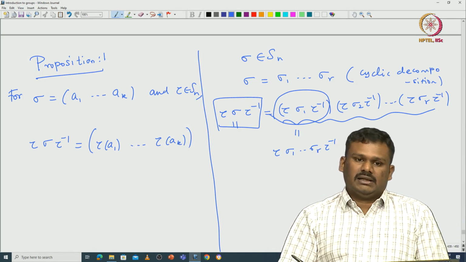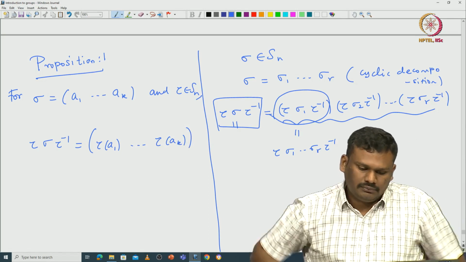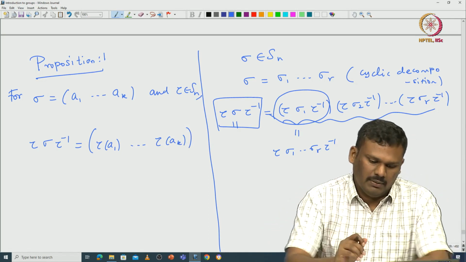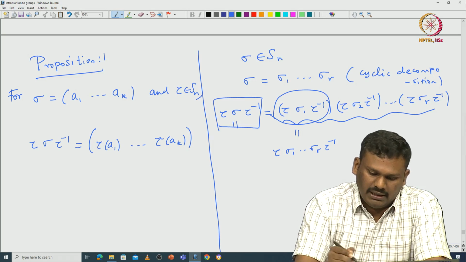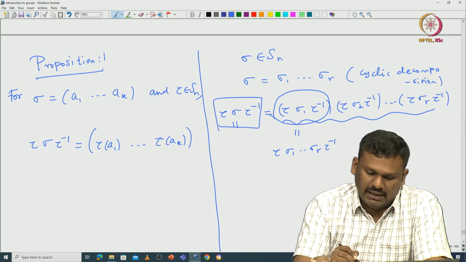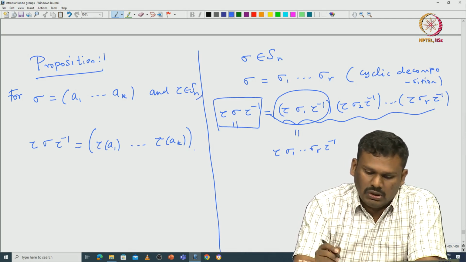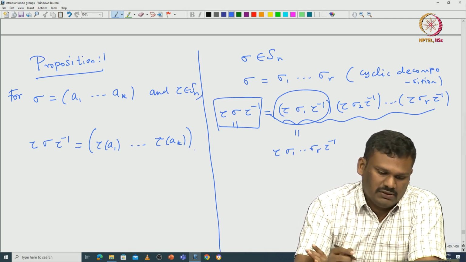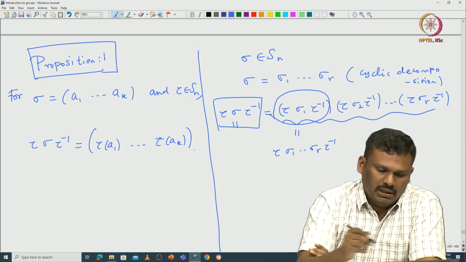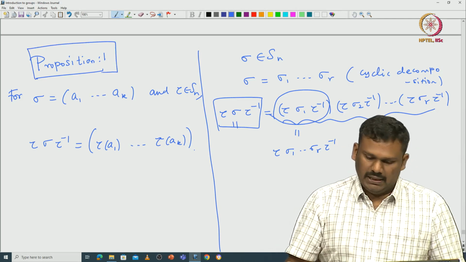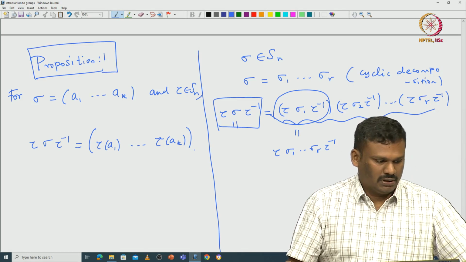So very explicitly, the conjugate of sigma by tau can be written as the k-cycle (tau of A1 etc. tau of Ak).